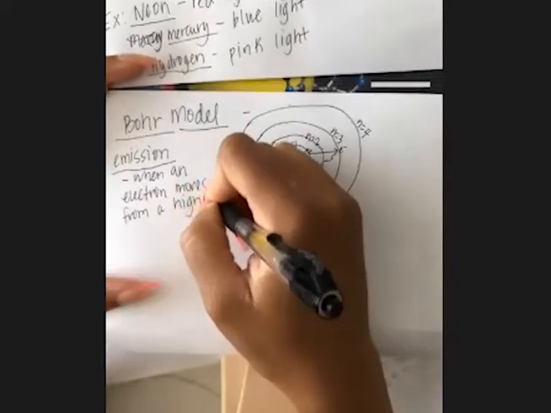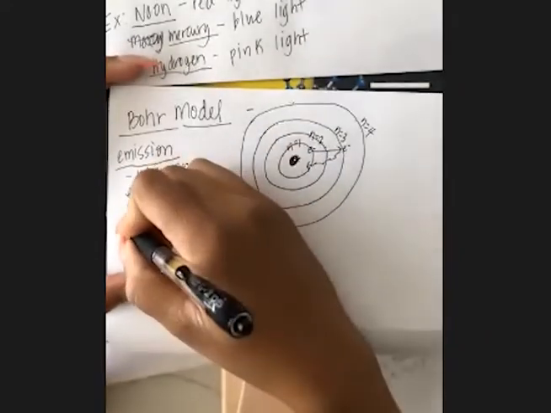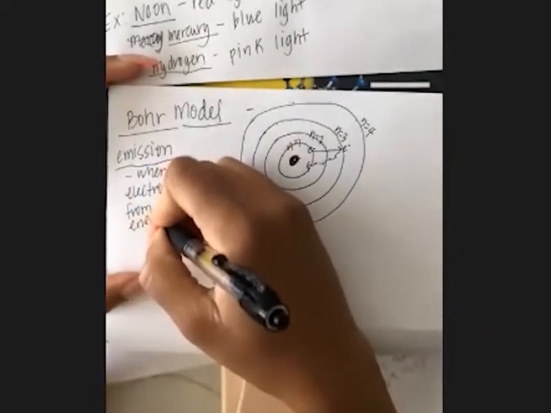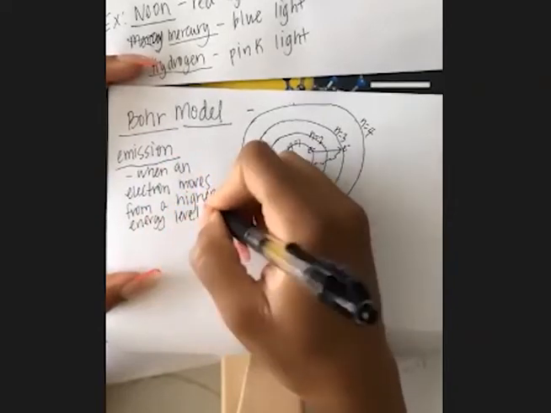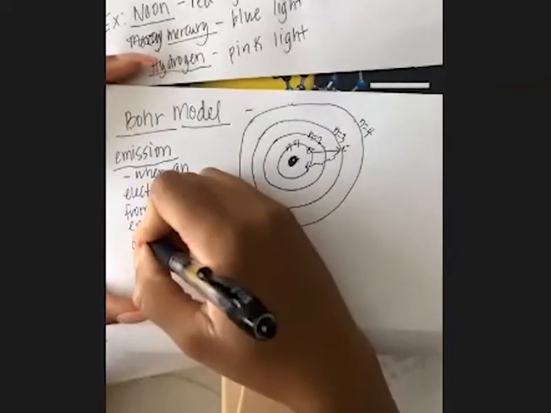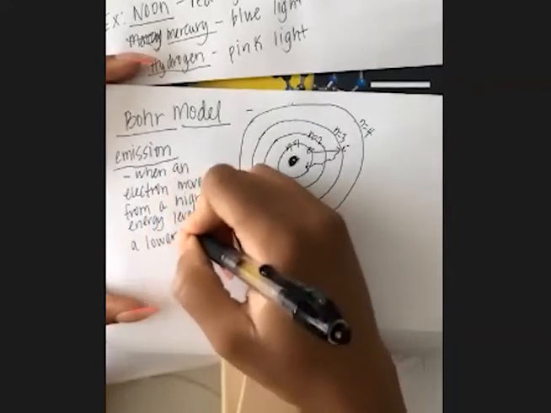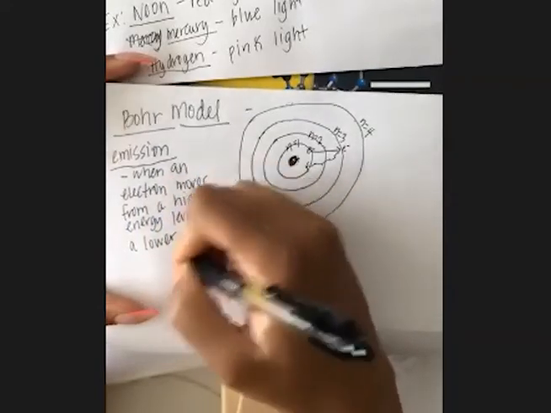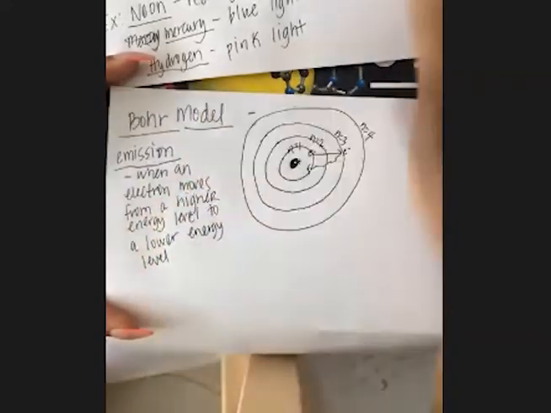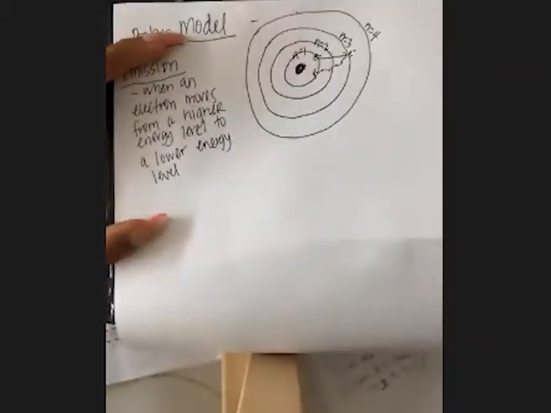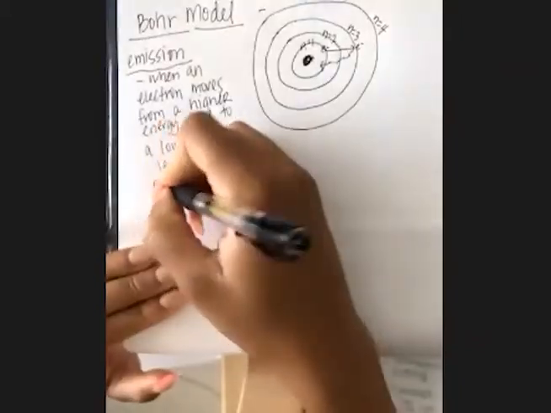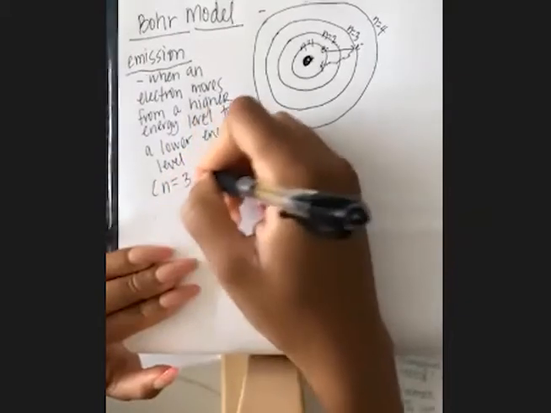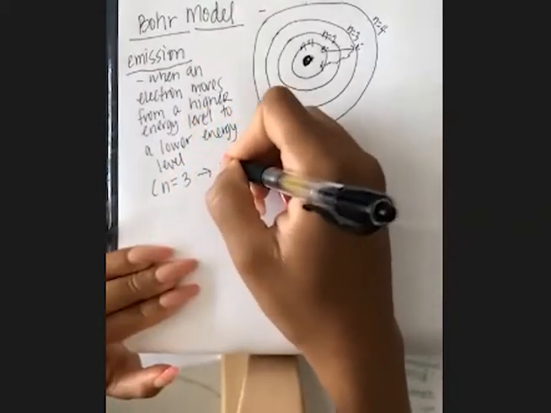From a higher energy level to a lower energy level. So basically, he's saying it's like when an electron goes from n equals 3 to n equals 1.